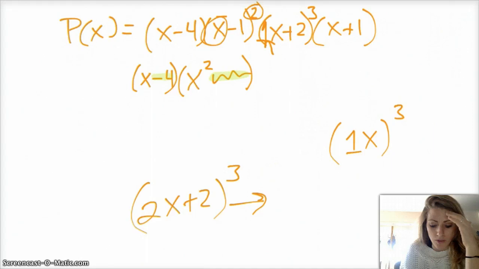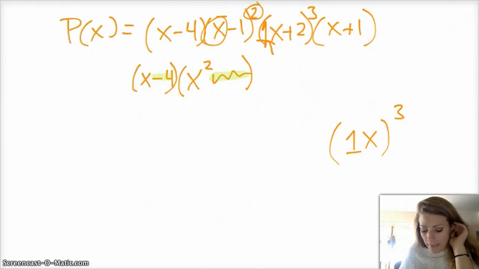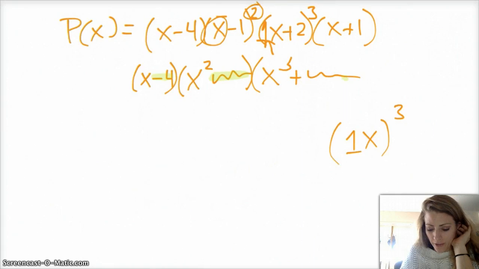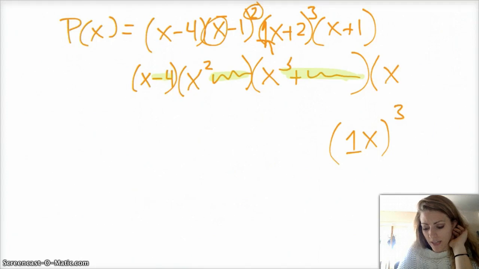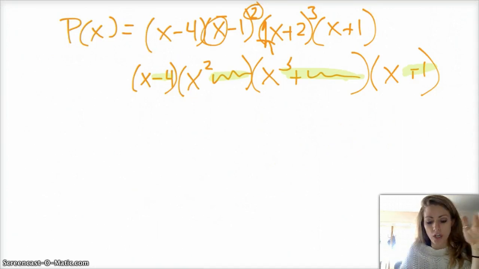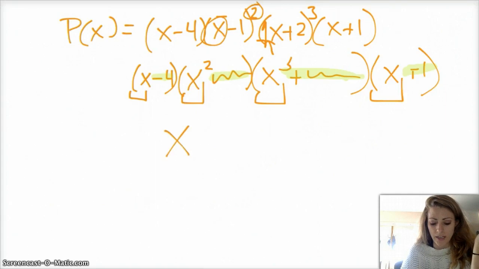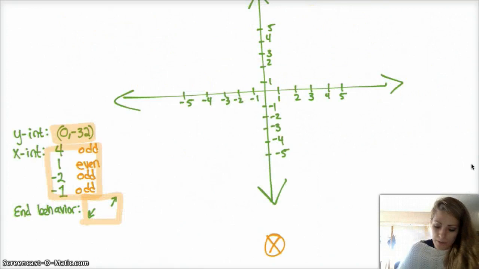So it's going to be 8x cubed, so just keep that in mind for future reference. But in this case, it's just a 1, so I've got an x cubed times some other things, which are irrelevant for my highest degree. And then the last thing is x plus 1, the plus 1 is irrelevant. So then I can multiply all my things together. My first term is going to be x times x squared times x to the third times x. So it actually just ends up being x to the 7th.